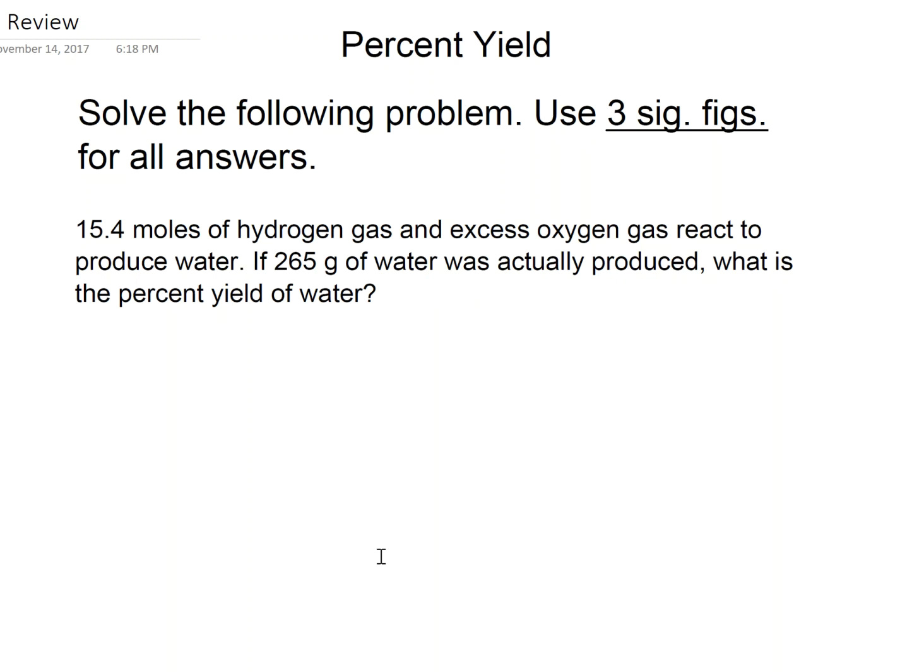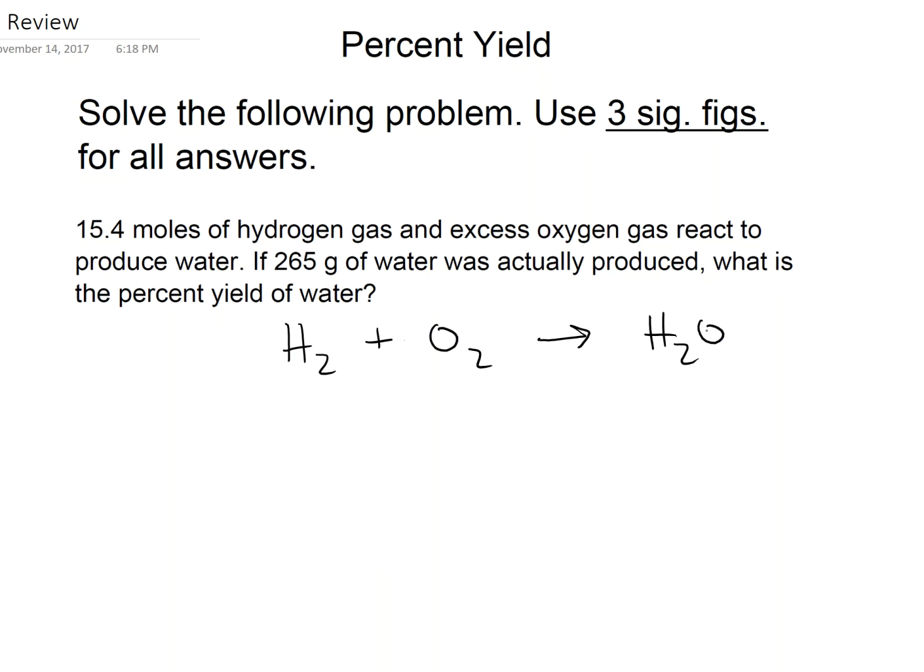For this question, it says that you are reacting hydrogen gas and oxygen gas to produce water. So as always, when doing a BCA table, we're first going to start by writing a balanced equation. Hydrogen plus oxygen to produce water. And we can see that this is not balanced right now.